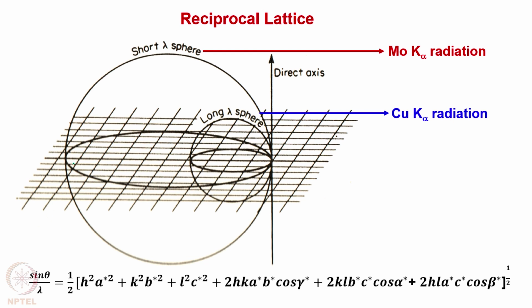So, for radiations with smaller wavelength, we should have a larger sphere as shown here in case of Mo K alpha radiation, and in case of longer wavelength like copper K alpha radiation, where the wavelength is nearly double that of molybdenum, the sphere that is constructed is of smaller volume or smaller diameter.